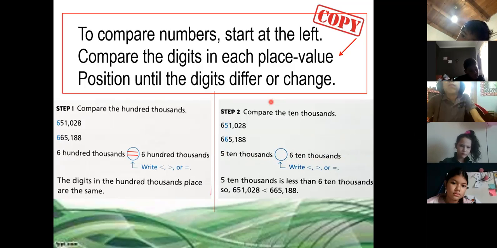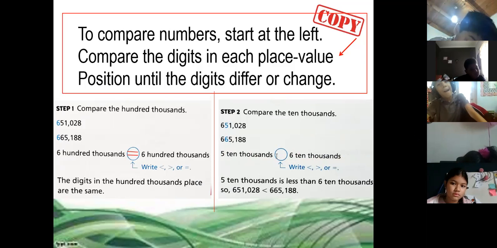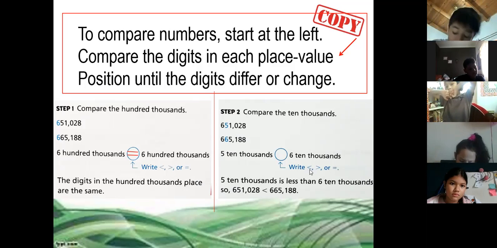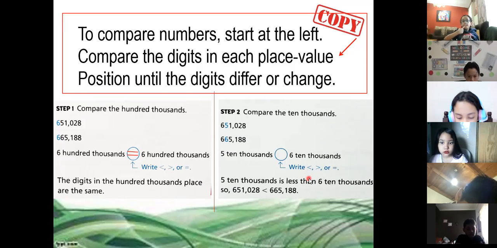Greater. Less. It's less. Remember, less means menor, menos. Greater means that you have more. So in this case, it's less. So now, if it is less, which sign are we going to drop here? Who remembers what is the sign that means less than?